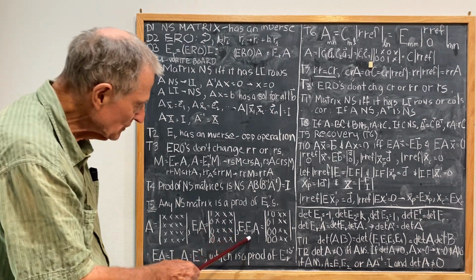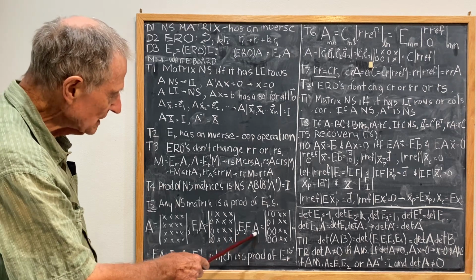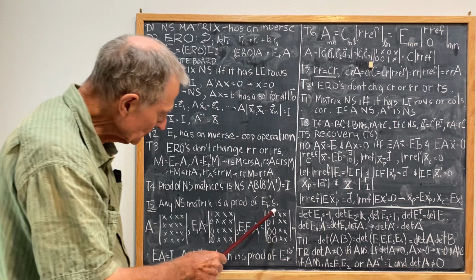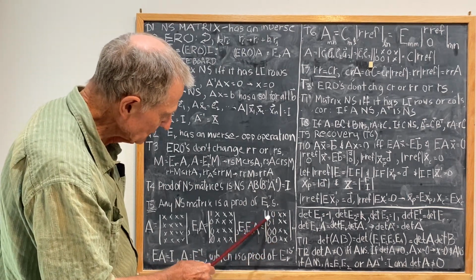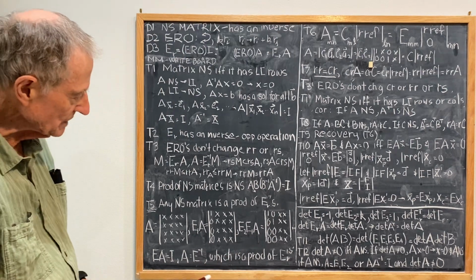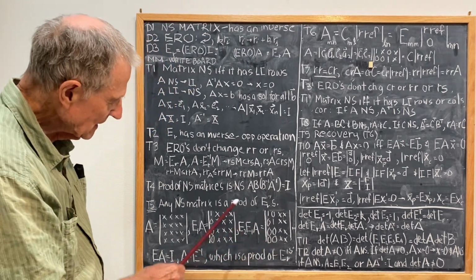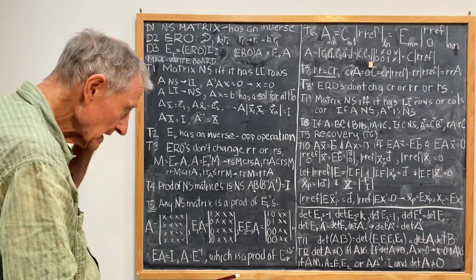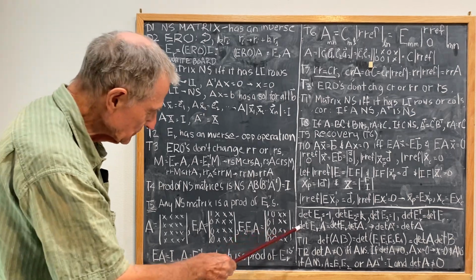So I have E2, E1. Again, A equals this, and again this is a product of non-singular matrices. Therefore, the third column can't be all 0 or a linear combination of the first two columns. So it has to be of a form that I can put into 0, 0, 1, 0 by elementary row operations, E3.